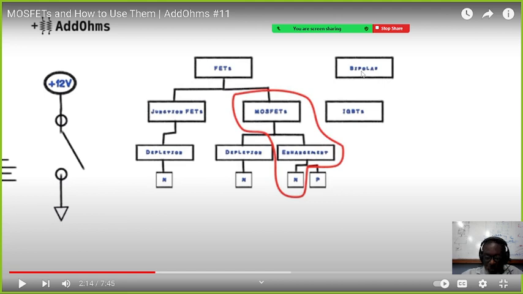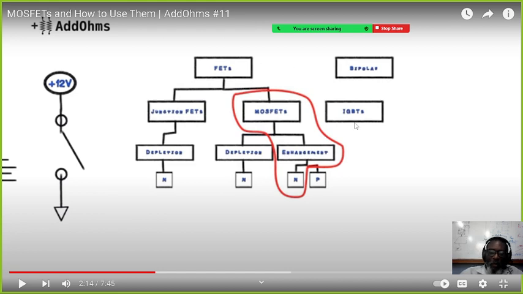NPN and PNP. Alright. So whether it is FET or bipolar, what two materials can you use to make any transistors at all, or any semiconductors? Silicon and germanium.